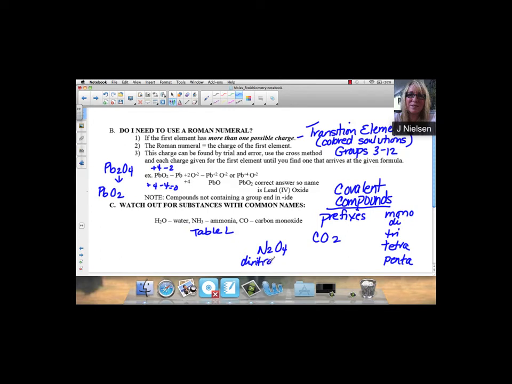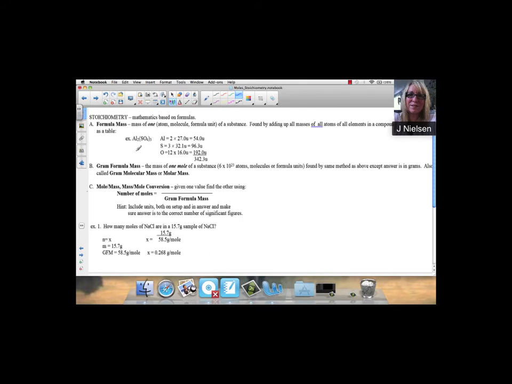If I have N2O4, this is going to be dinitrogen tetroxide. Now usually it's tetraoxide, but we can't have an A and an O next to one another. So remember to use your prefixes on covalent compounds.